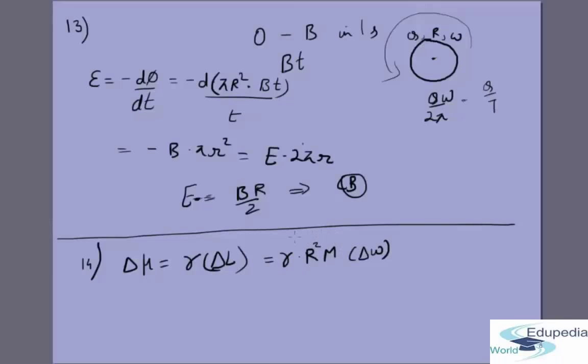Now the induced electric field will actually slow it down. The magnetic field cannot do anything to speed it up or slow it down because it doesn't do work, but the induced electric field can do work. So the induced electric field is Br by 2. That means the force, which is qE, which is qBr by 2, will be equal to mass into acceleration, which means the acceleration will be qBr by 2m.